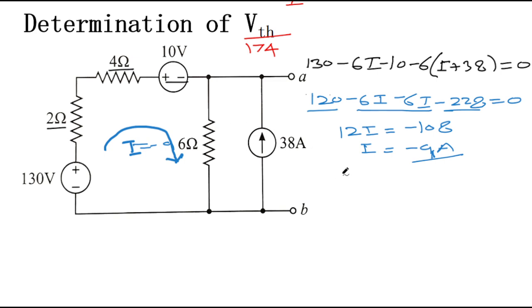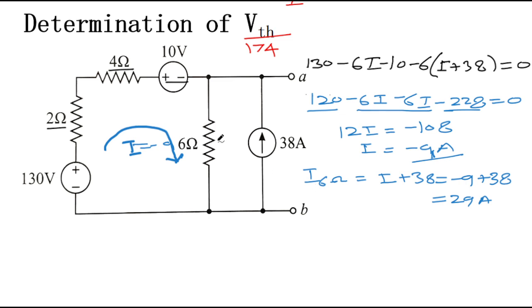So the total current in the 6 ohm resistance will become I plus 38. I current is flowing because of these two voltage sources, and 38 ampere current is flowing because of this 38 ampere source. So it will become minus 9 plus 38, which is 29 amperes.